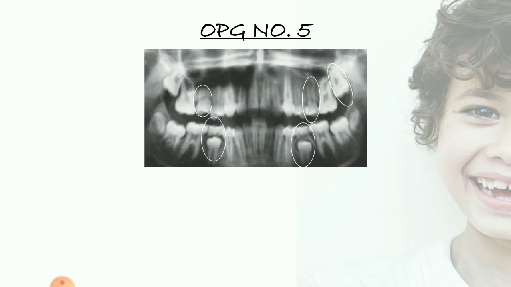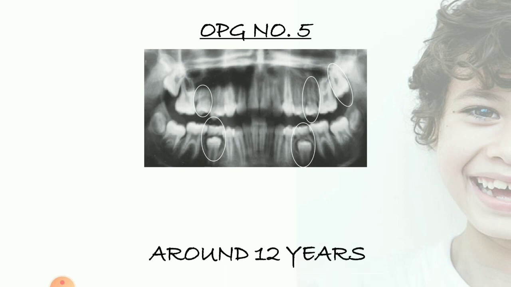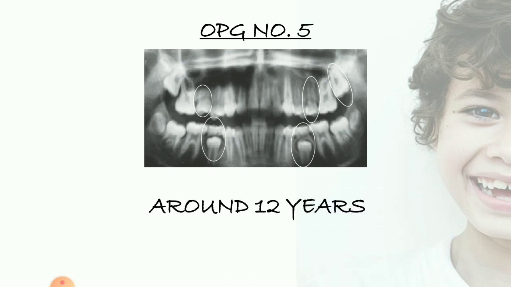So we can very easily judge that the age of the patient might be around 12 years, because at the age of 12 years, if you remember, we have just learned that the teeth numbered 3, 5, 7 in the maxillary arch and 5 and 7 in the mandibular arch erupt at the age of 12 years. In this case, the 5 hasn't yet erupted into the oral cavity, but the other teeth have almost erupted. So we can consider that the age of the patient might be around 12 years.